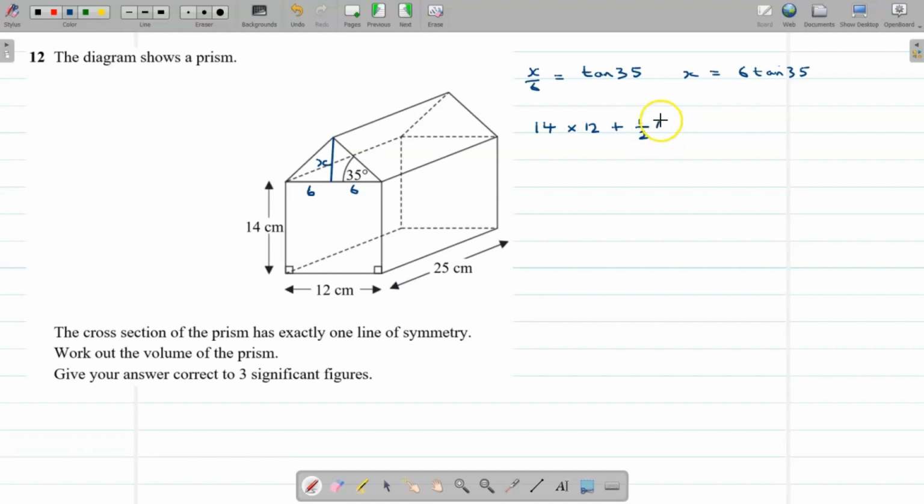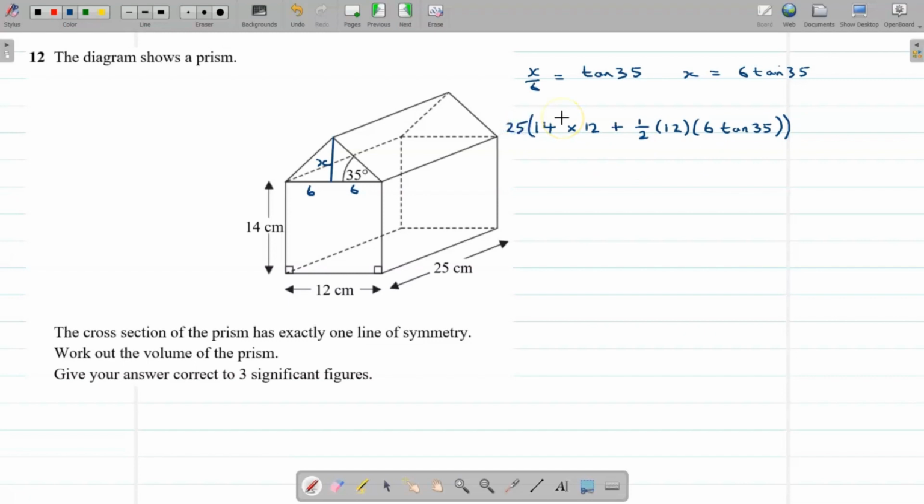Well, it's a half of the base times the height, which is this thing here. Now, the whole of that, everything I've written down, has to be multiplied by 25. So I could just put another bracket round the whole thing now and put a 25 in front of it.